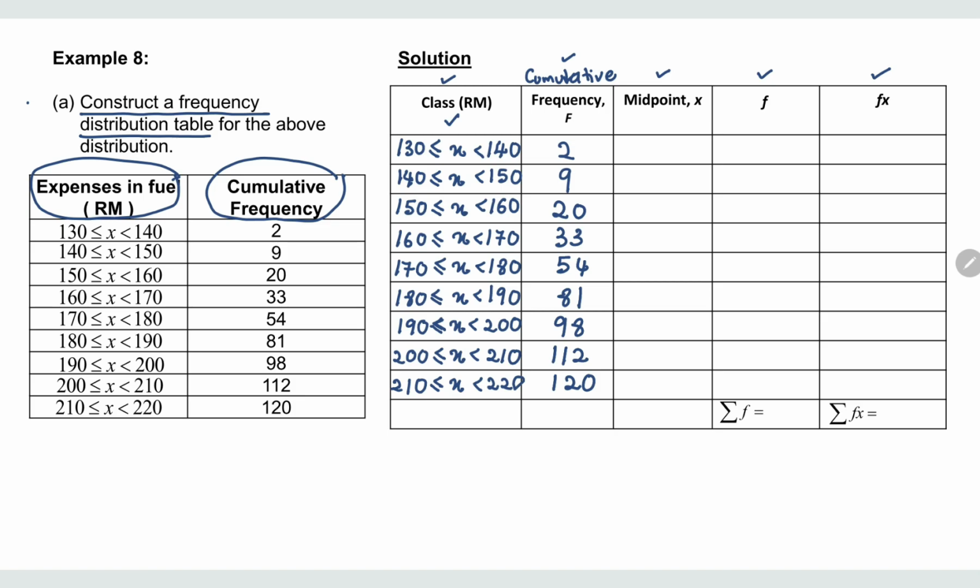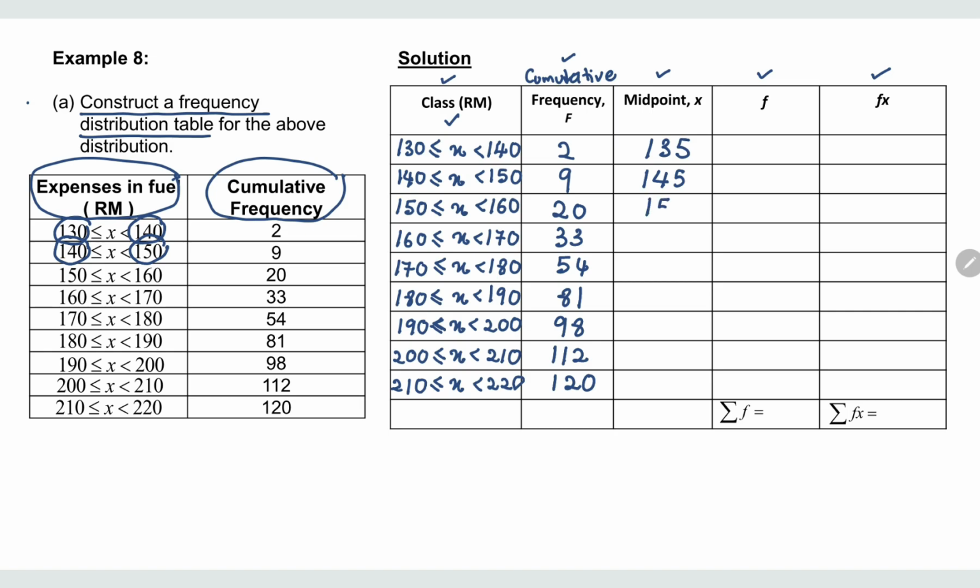Okay, next we must find the midpoint. Let's find the midpoint of the first class. To find the midpoint of the first class, we take 130 plus 140 divided by 2. So you should get 135. For the second class, the midpoint you can take 140 plus 150 divided by 2, which we will get 145, and you can repeat the process.